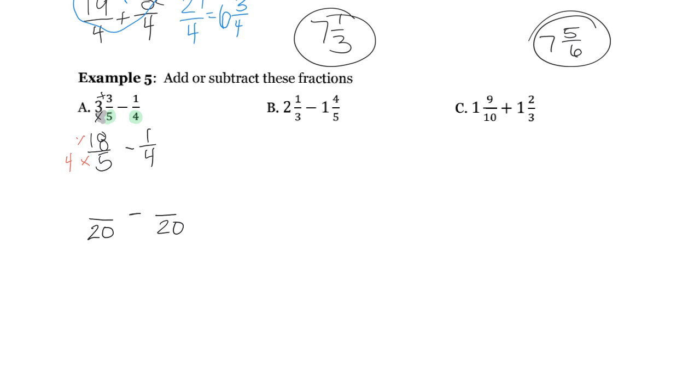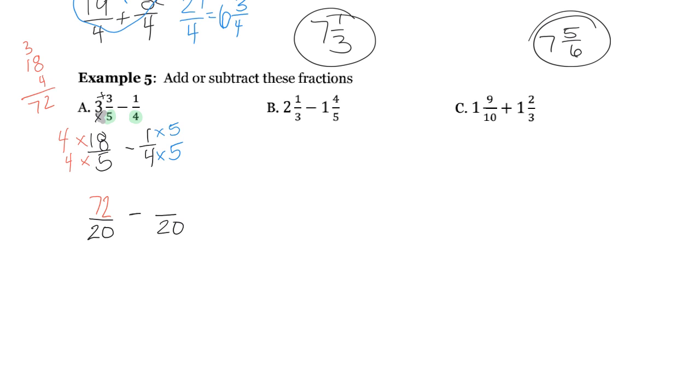So don't forget what we do to the bottom, we do to the top. If you need to do some side math, do it. Like, I don't know what 18 times 4 is off the top of my head. So I'm doing some side math. I get 72 out of 20. Okay. 4 times what gives me 20? 4 times 5. What we do to the top, we do to the bottom, and vice versa.